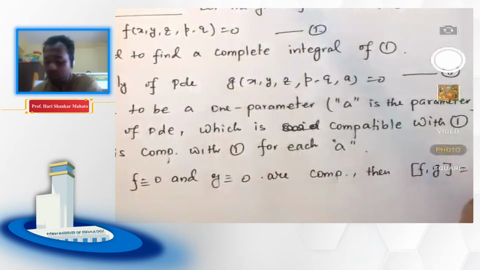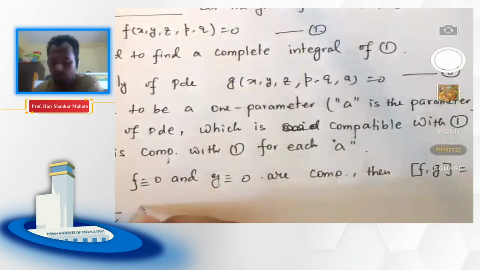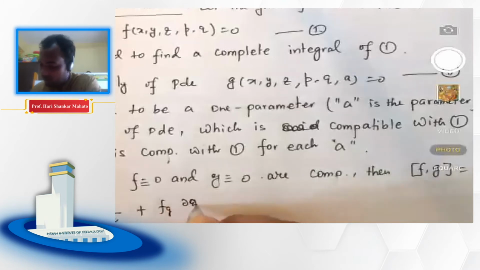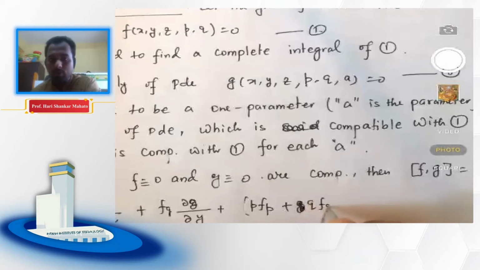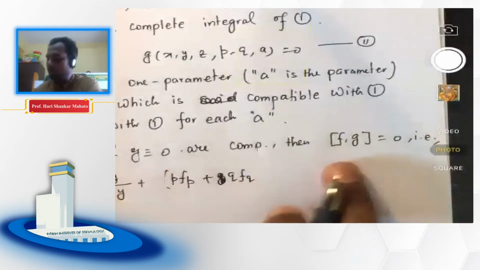This is a short notation for fp times del g del x, if you break the Jacobian, then fq times del g del y plus (pfp plus qfq). Here we are using that four Jacobian formula. So if you break the Jacobian, it will start looking like this.